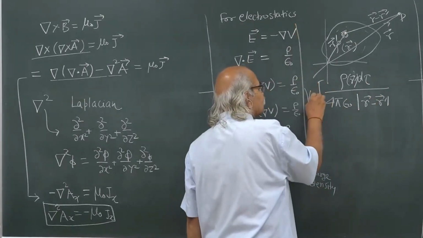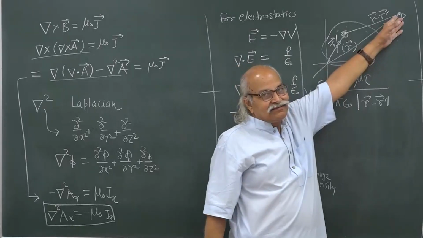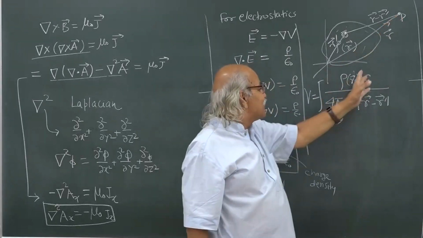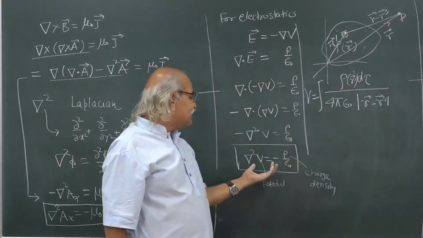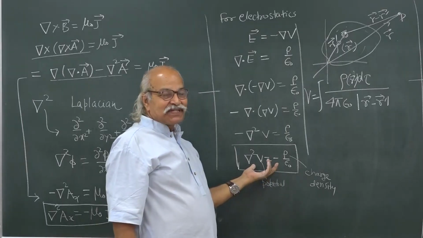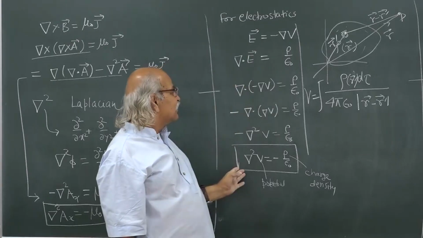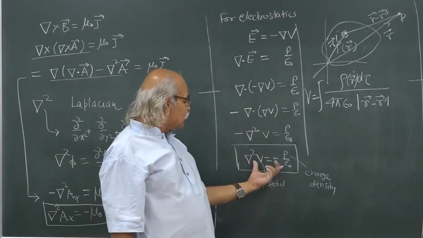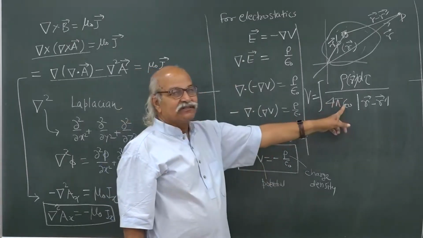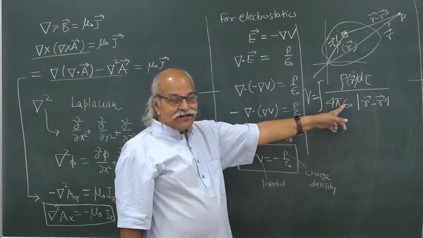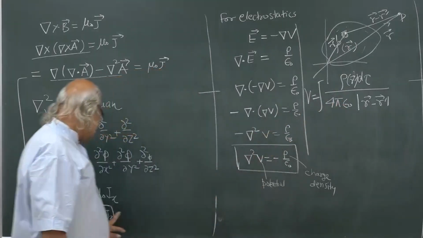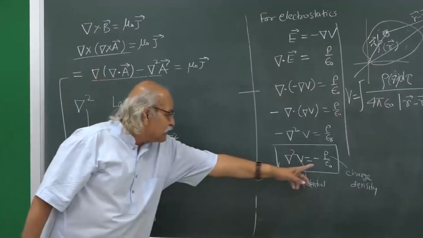So, V is equal to this, that is the potential here, and that is the solution of this equation, because the potential has to satisfy these fundamental rules. So, this equation gives you this solution, all right.